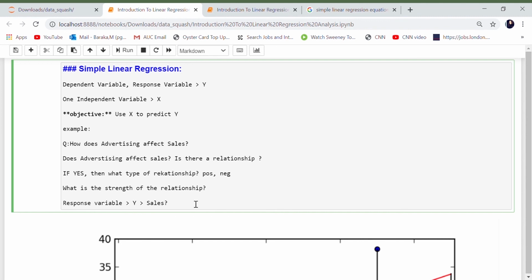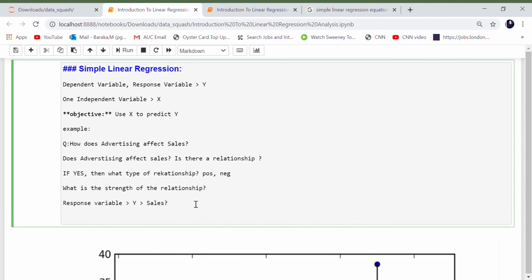We want to see how we can influence it, how we can change it, or how it is affected. And we use the x to do that. And in our case, the x is going to be, you guessed it right, the advertisements. So the independent variable, also known as the x, is going to be the advertisements.